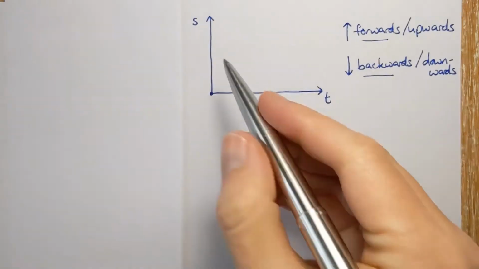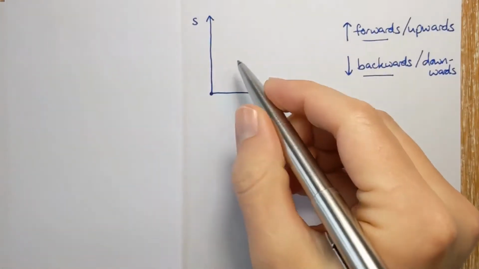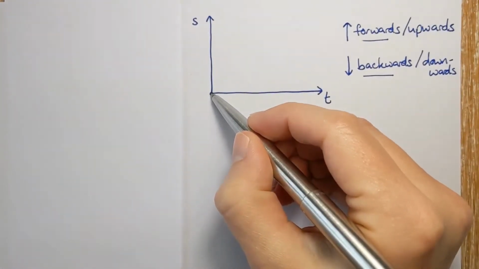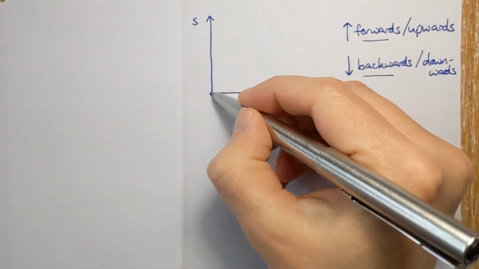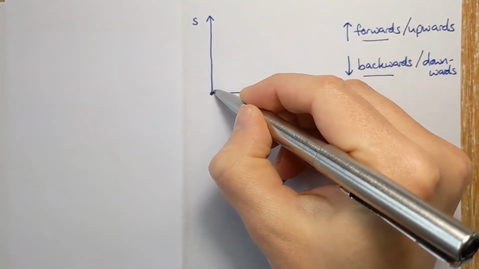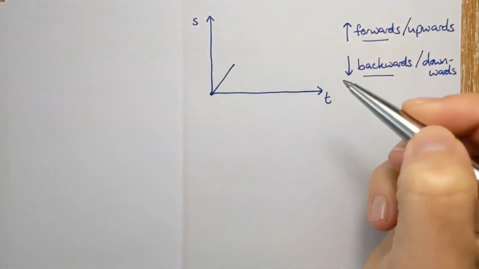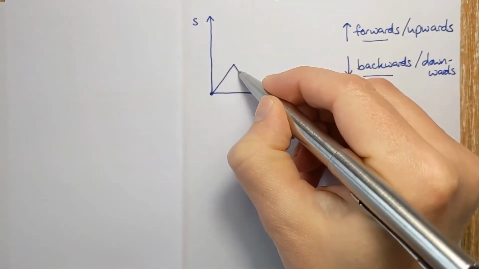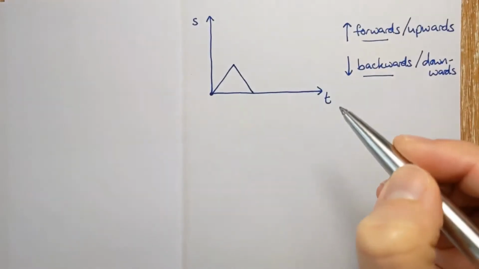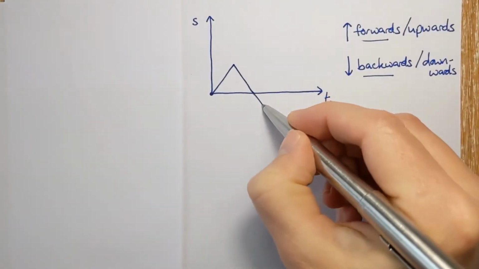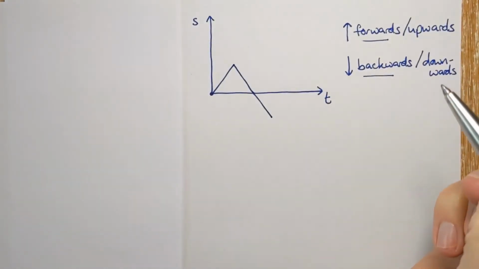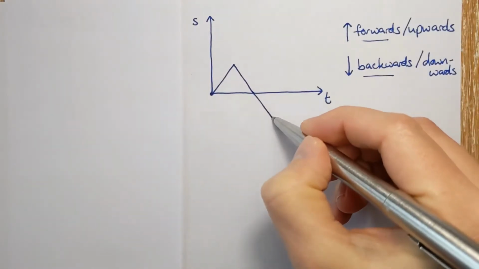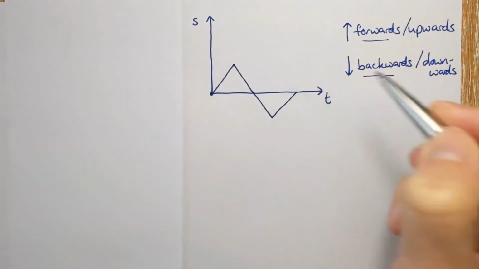Okay, so let's say that here's me in my start position. I am downstairs in my house, and then I walk upstairs to the first floor, and then I immediately walk back down again to the downstairs, and then I go down into the basement. So I'm below my starting position, and then I go back up to the downstairs.